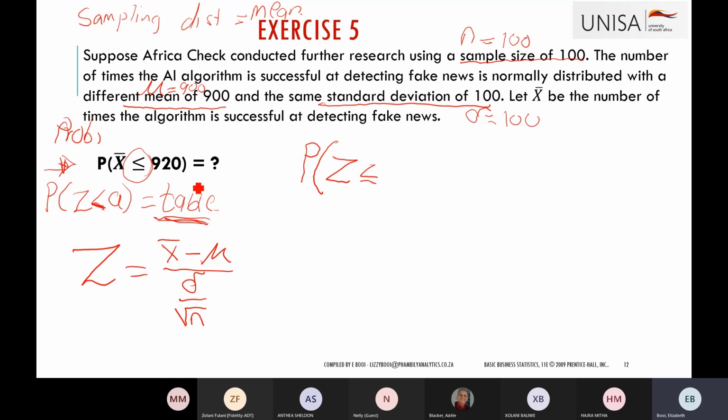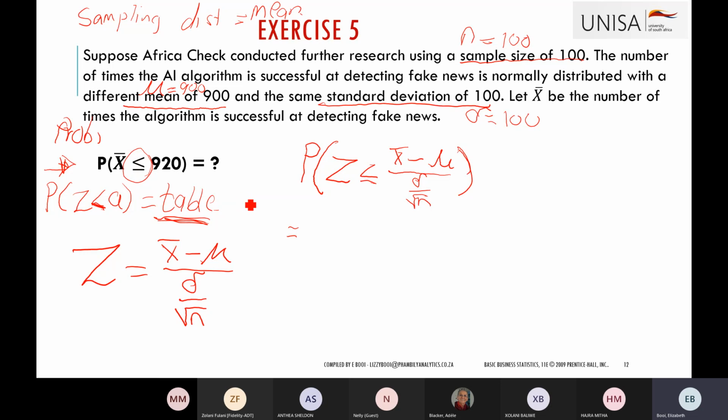So the formula is your X bar minus the mean, or your sample mean minus the population mean, divided by the standard error. So now let's substitute into this formula, the X bar minus the mean divided by the standard error, sigma divided by the square root of n.